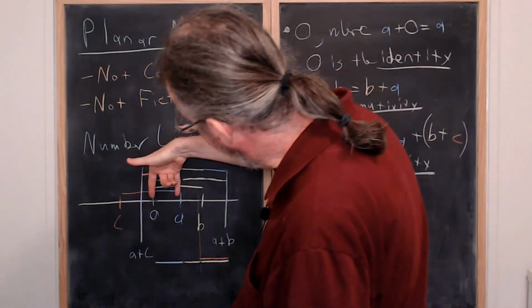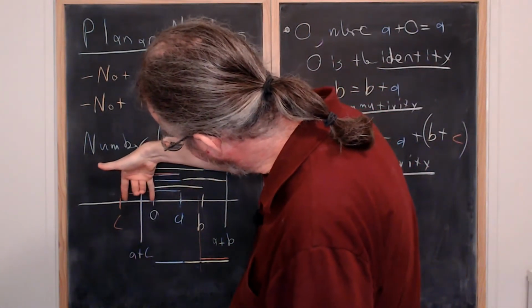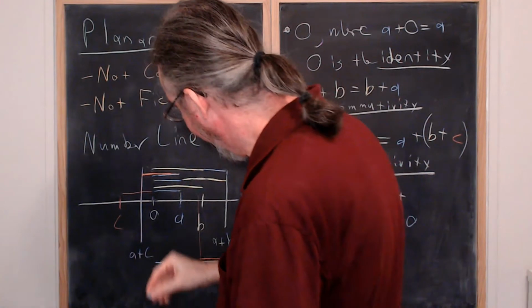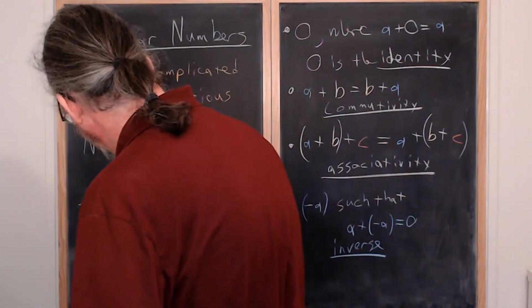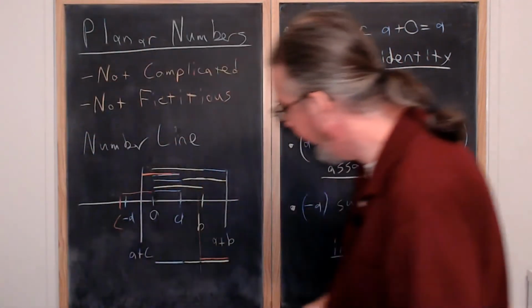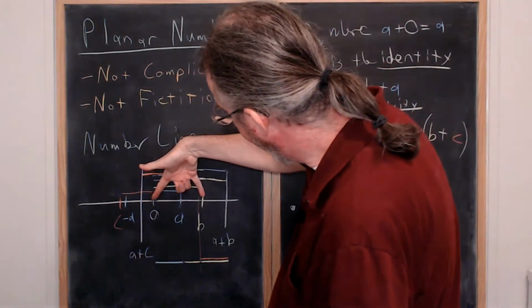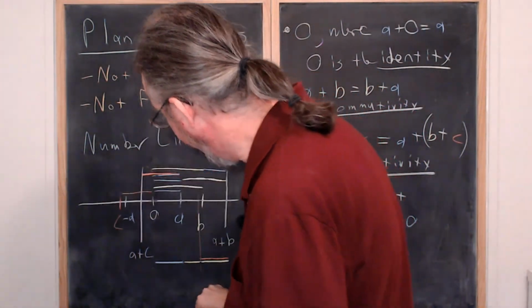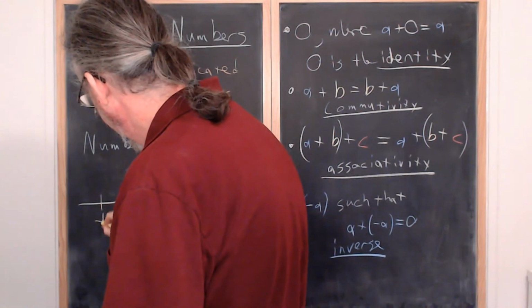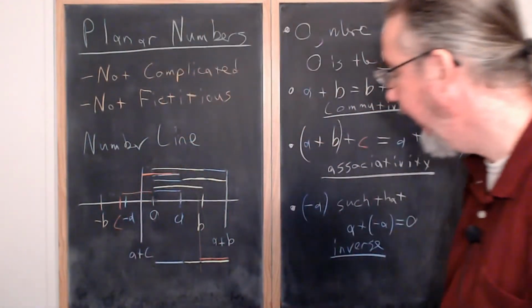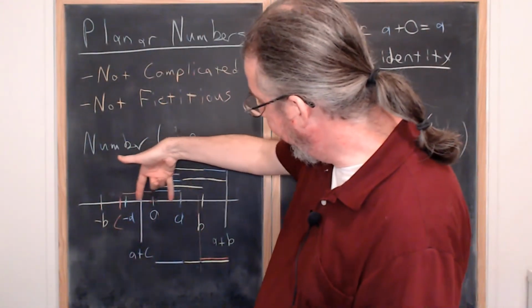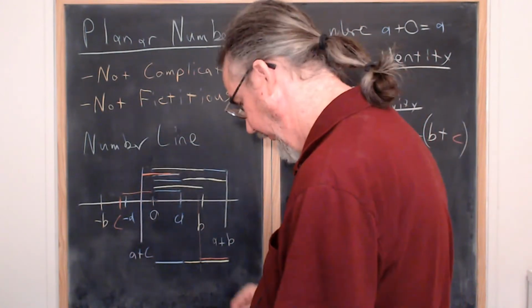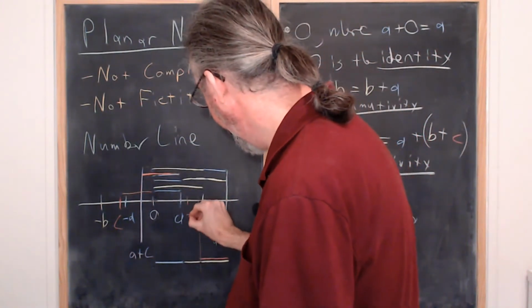For any value A, we can just take this length, move it to the other side, and we would have found over here a value negative A. Similarly, B, over here we have negative B. Negative C would just go in the other direction. So right there we would have negative C.